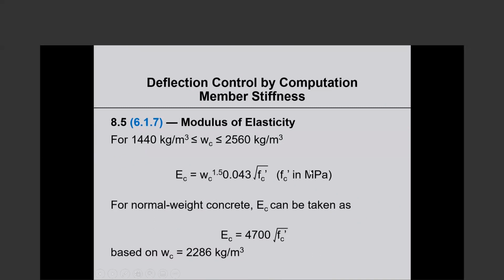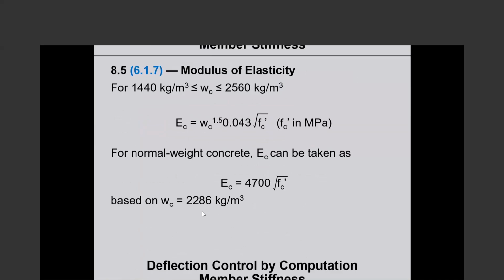This is in metric. And for normal weight concrete, Ec, this equation may be simplified into that equation. So these are not two different equations. This is the equation. A simplified version of that equation is this. And the simplified equation may be used for normal weight concrete.